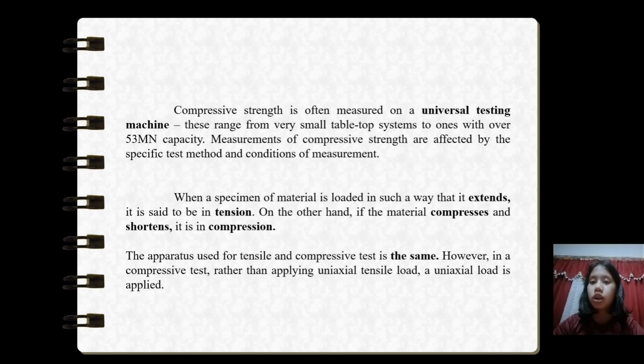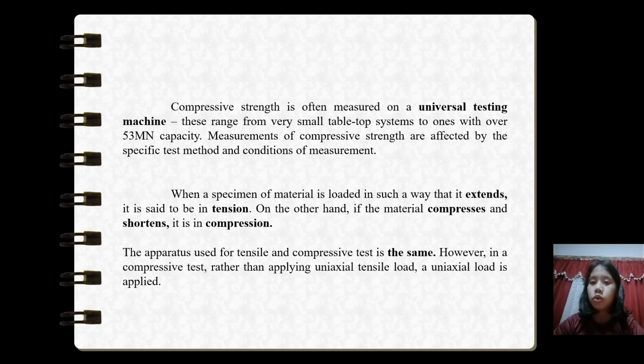When a specimen of material is loaded in such a way that it extends, it is said to be in tension. On the other hand, if the material compresses and shortens, it is in compression. The apparatus used for tensile and compressive tests is the same. However, in a compressive test, rather than applying a uniaxial tensile load, a uniaxial compressive load is applied.